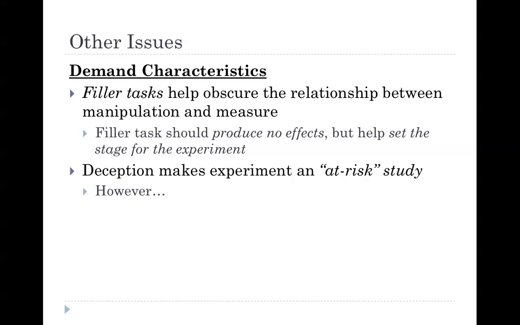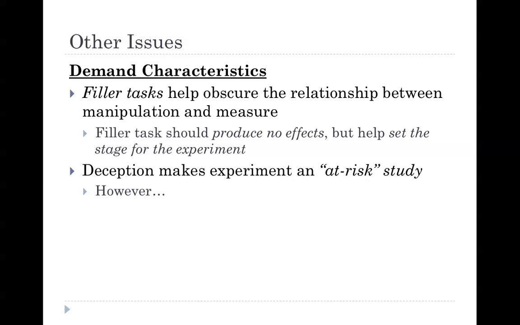You could also use something known as a filler task. Now, a filler task helps obscure the relationship between a manipulation and a measure. So oftentimes, a filler task is in between the manipulated variable and the measurement of the dependent variable. However, your filler task should produce no effects, such that whatever task participants are exposed to in between the independent and dependent variable should not influence this cause and effect relationship.